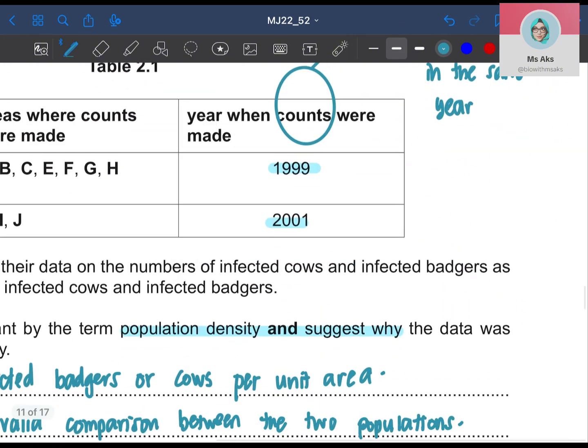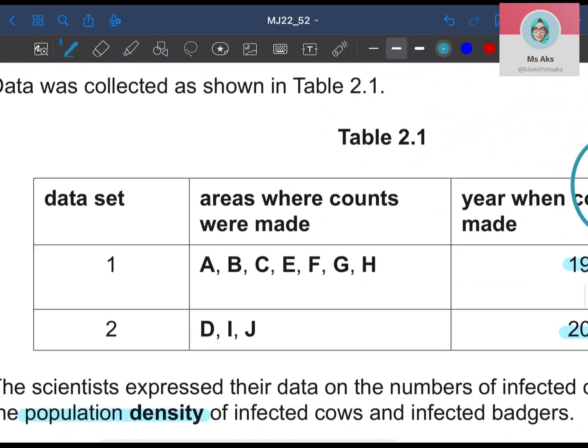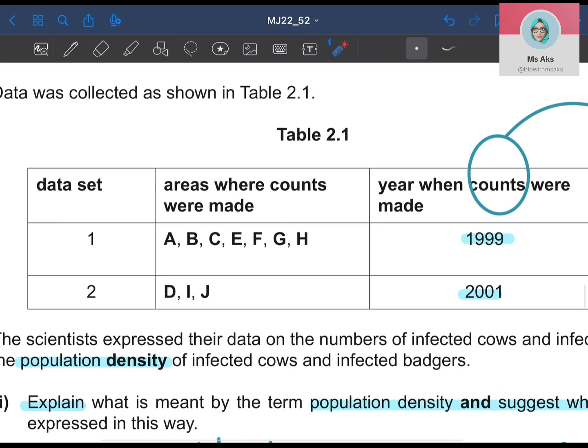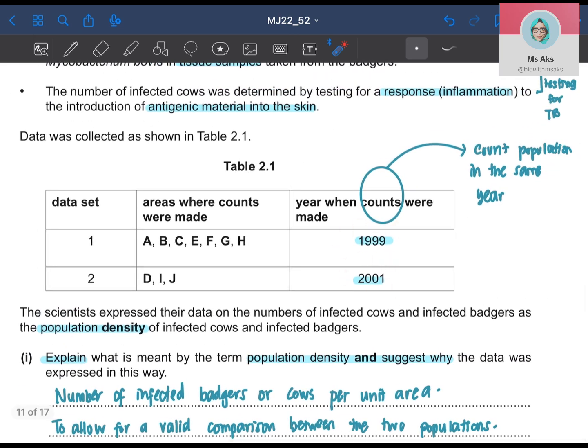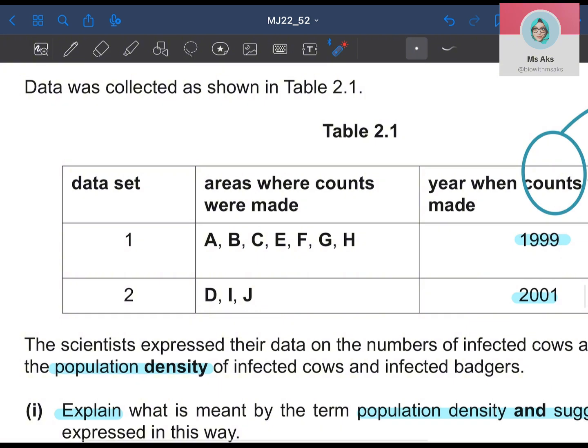Alright. And then when we look here at the two data sets, not only were the populations counted at different years, we don't have the same numbers in the data sets. In data set 1, we have 1, 2, 3, 4, 5, 6, 7 areas counted, whereas the other 3, which is D, I, and J, were counted in a different area, so at a different time as well. So that could be a problem.